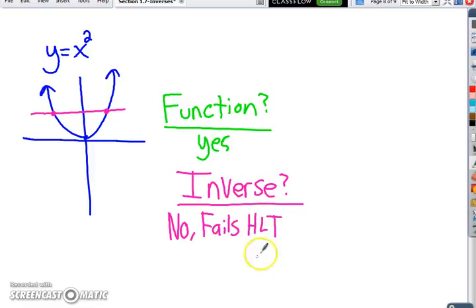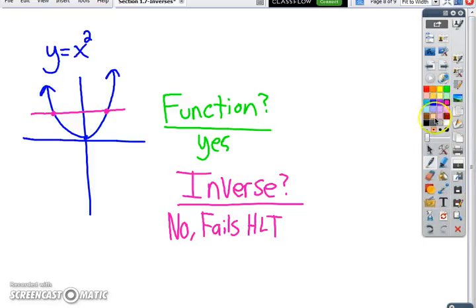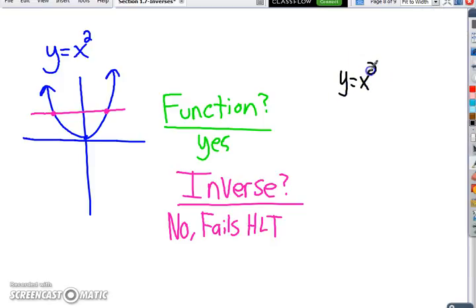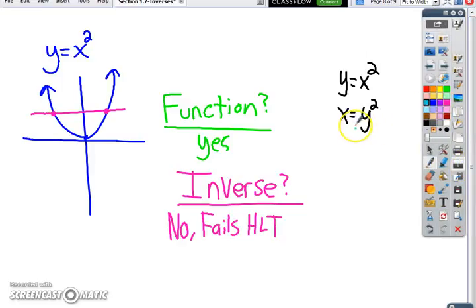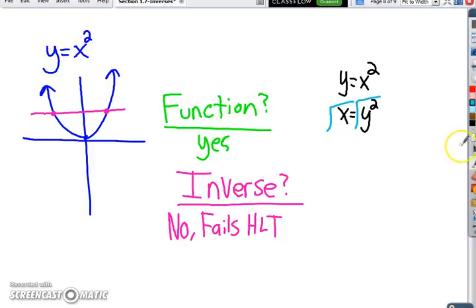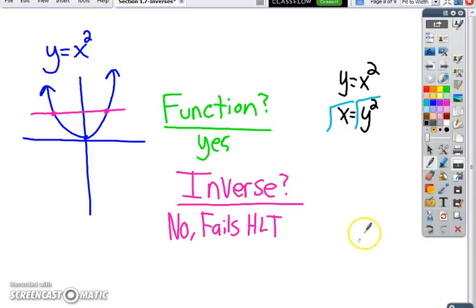Why the heck not? Well, let's take a little peek at this then. So let's just say I had y equals x squared, and I wanted to find out what its inverse was. So I switch x and y like I'm known to do. No big deal. All right, good old-fashioned square root. Let me just do that. And see what we got here.